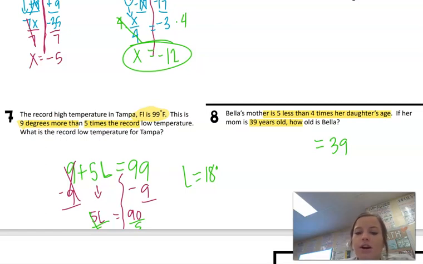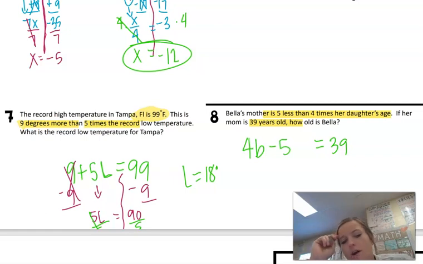No. So we're going to use a variable. Her daughter is Bella, so we're going to use a B for Bella. So we have 4B. We know that this is 5 less than, so we have minus 5. So our equation is 4B minus 5 equals 39.